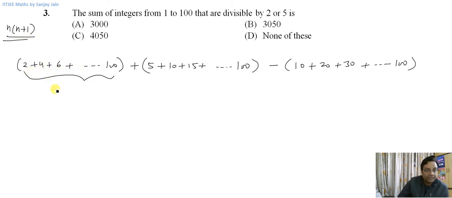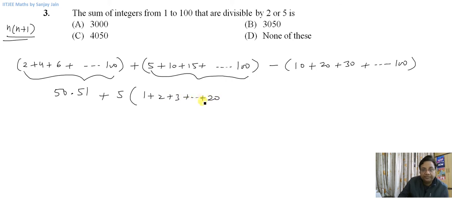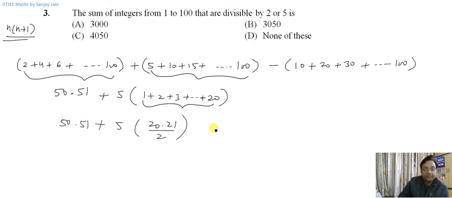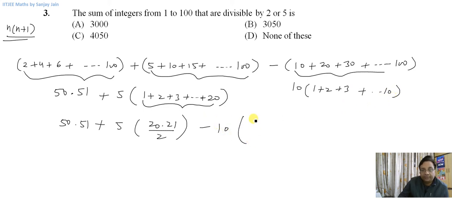So this is nothing but 50 into 51 plus, now look at this, if I take 5 common, it is nothing but 1 plus 2 plus 3 plus up to 20, which is sum of first 20 natural numbers, which is nothing but 20 into 21 by 2 here. This is 50 into 51 minus, if I take 10 common, then this is nothing but 1 plus 2 plus 3 plus up to 10. So it is 10 into 11 by 2 here, right?